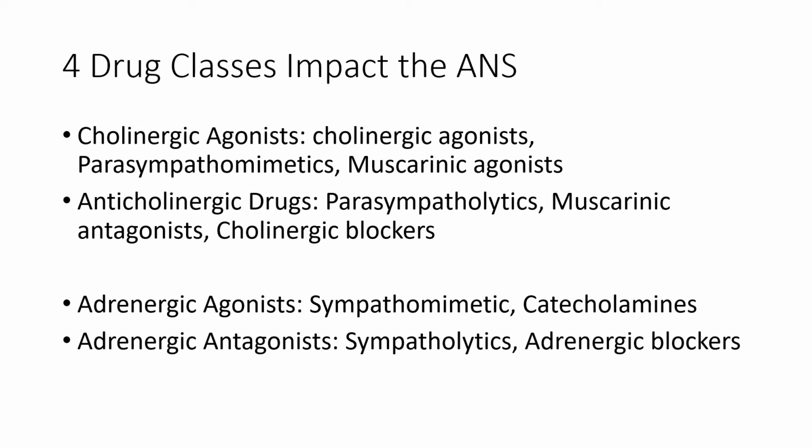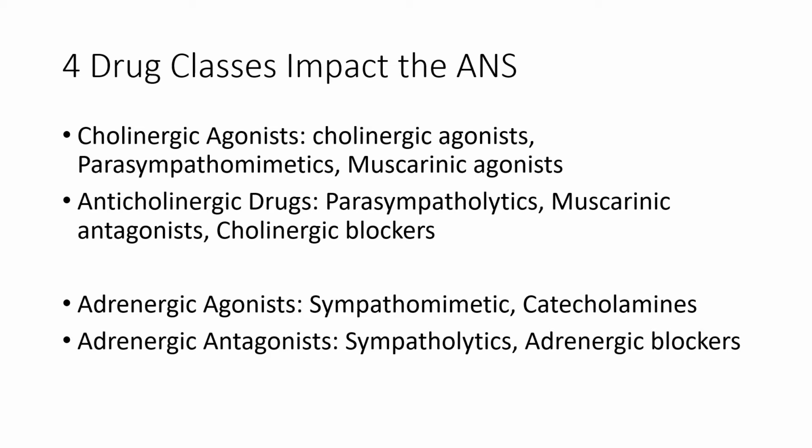So there's 4 drug classes. If we're going to go through them, a cholinergic agonist is the same as saying a parasympathetic agonist or a parasympathetic stimulator. Okay? And you can see all the different names there. They all mean the same thing.